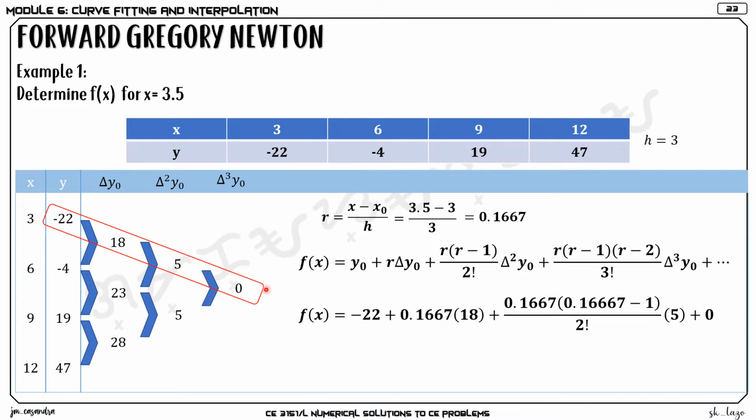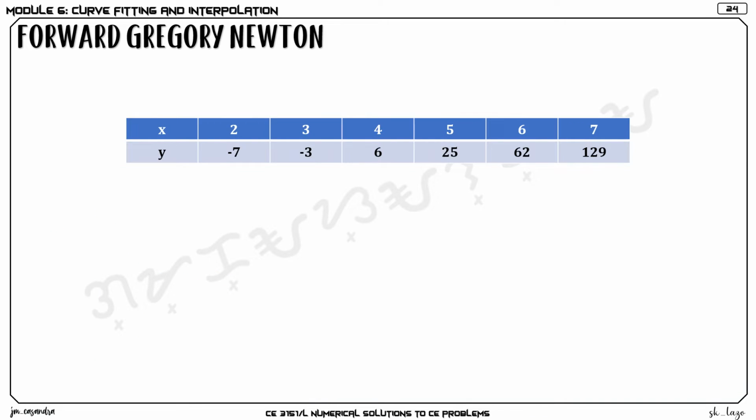Since delta cube is 0, we could simplify our fourth term as 0. So simplifying now, we get the function of x, wherein x is equal to 3.5, will give us a value of negative 19.346678.